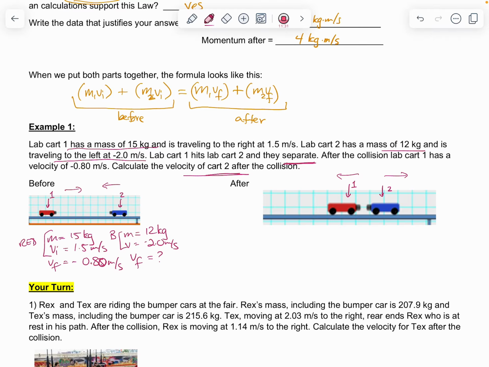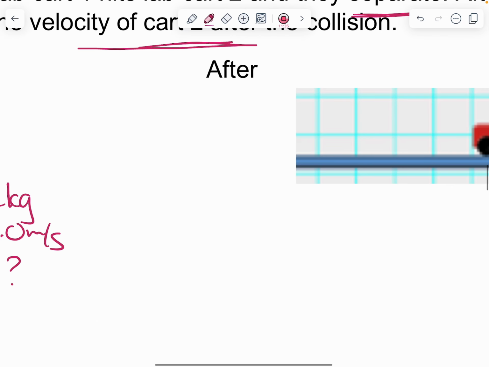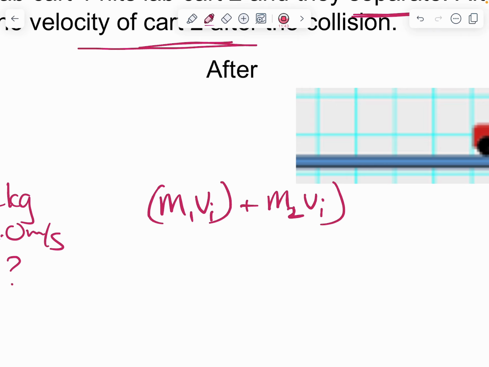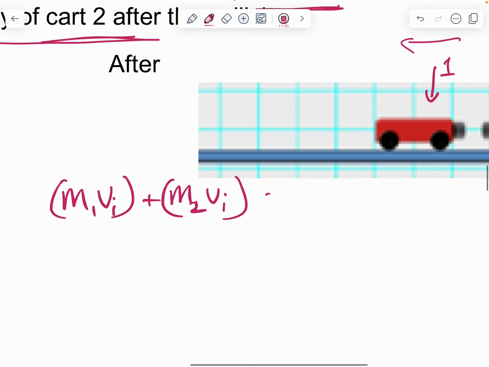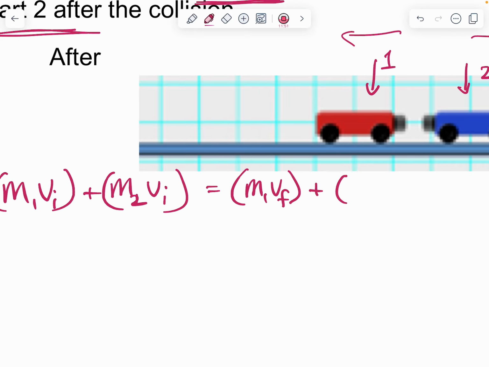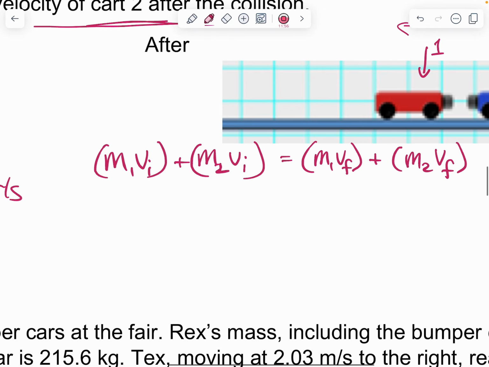So if we write out our formula, let's see, I'm going to give myself a little bit more space here. I have M1 V initial for the red cart plus M2 V initial for the blue cart is equal to M1 final velocity of the red cart plus M2 final velocity of the blue cart.